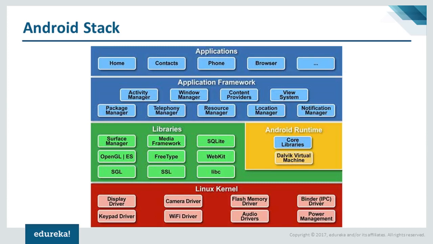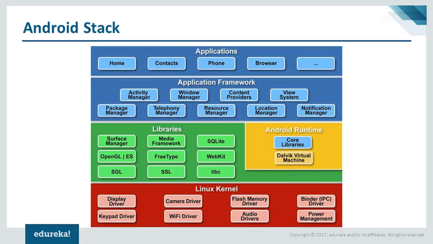The .so file is created by the NDK, and that in turn can tweak the hardware, take the information from the camera and give it all the way up to the application framework, and then the application framework in turn will give that information to your applications. So this is how you'll be retrieving the information from the hardware, and it is given to this library via the NDK, which in turn gives it back to the application framework.